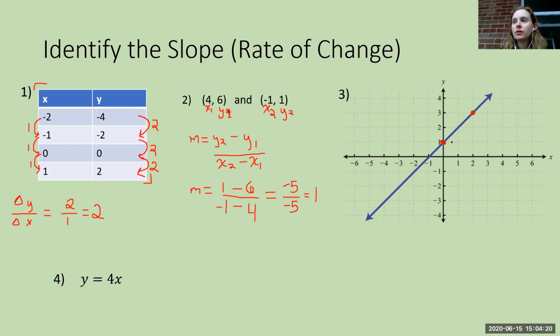Okay, so how can we just visually inspect this graph to determine slope? Well, we pick 2 points on the line, and starting with the leftmost point and working our way over to the rightmost point, we determine the change in the horizontal direction, so the change in x, and the change in the vertical direction, the change in y. So to get from my leftmost point to my rightmost point, I would need to go over 2 spaces.